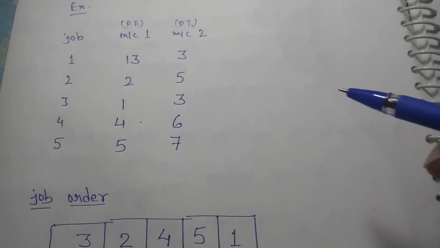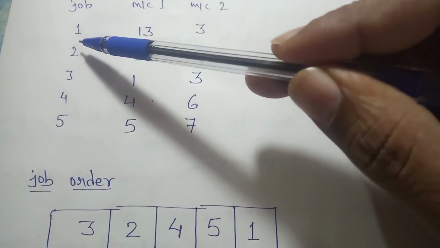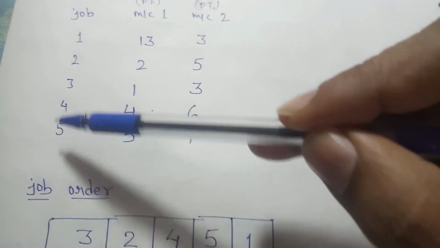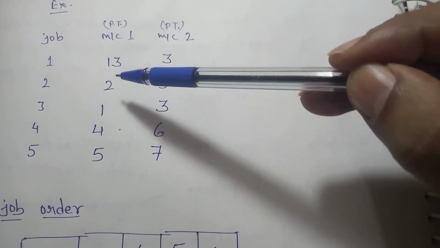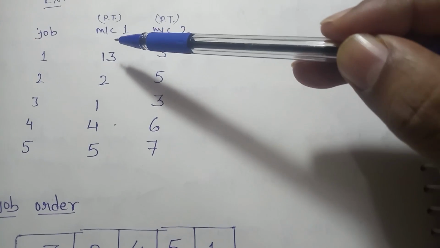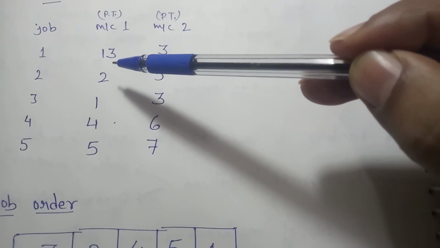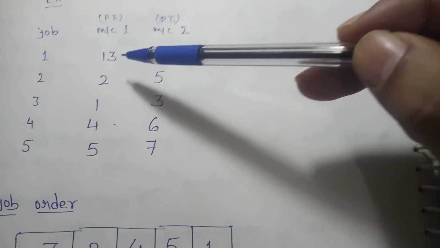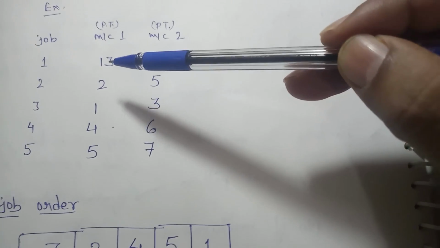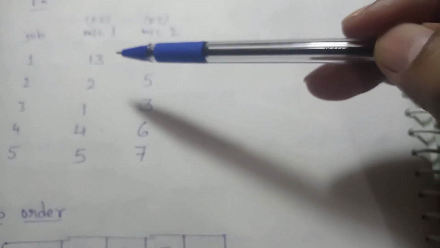For this problem we have five jobs, job numbers 1, 2, 3, 4, 5, and two machines. Now the machine processing times. The unit may be seconds, minutes or hours. It may be considered in any type.